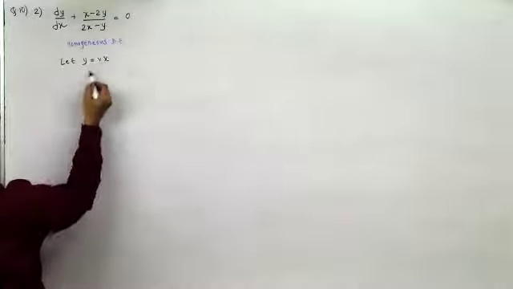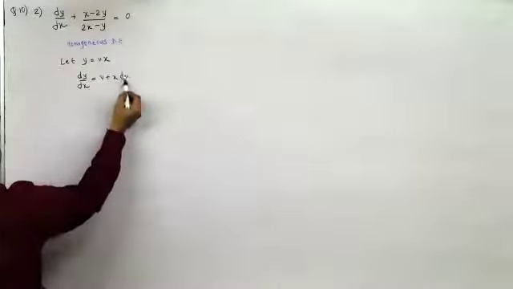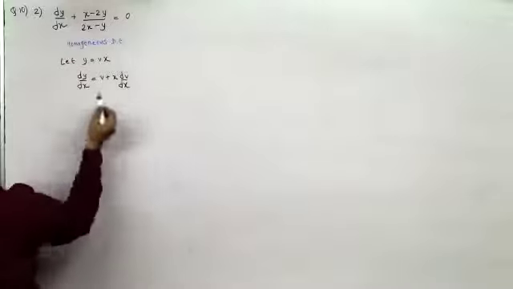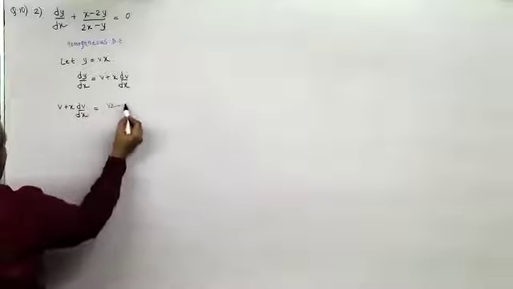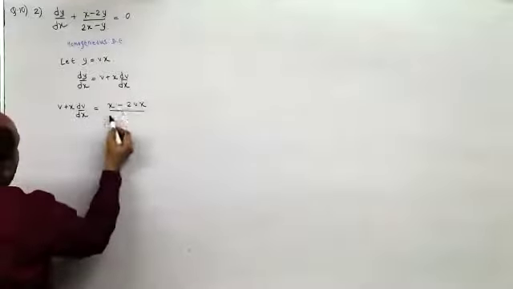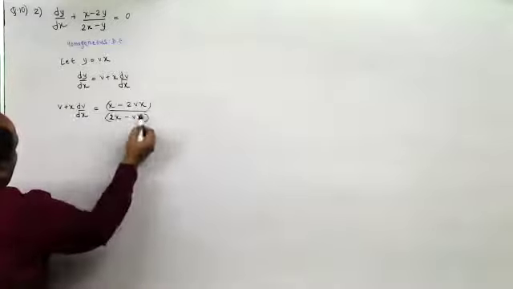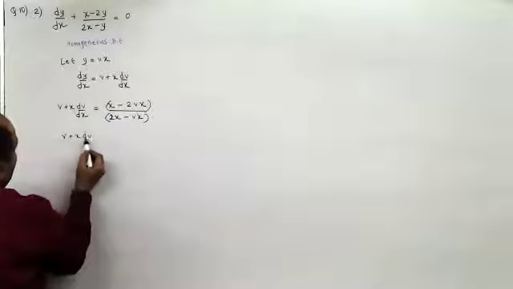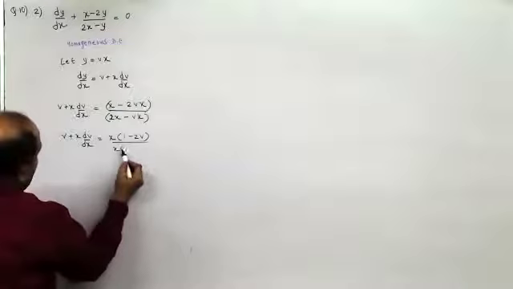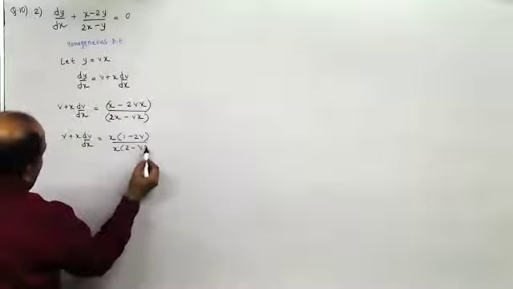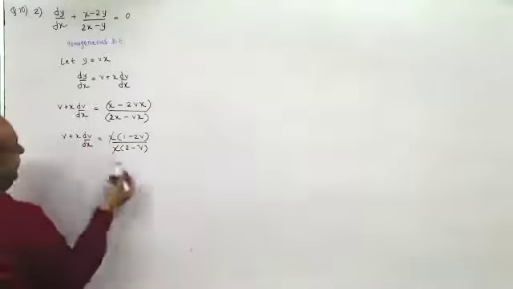When you differentiate, you get dy by dx equal to v plus x dv by dx. Now, instead of dy by dx, I'll write v plus x dv by dx. I'll write here (x minus 2vx) upon (2x minus vx). This is v plus x dv by dx equal to x common (1 minus 2v) upon x common (2 minus v). X and x get cancelled. As I said, within 2 steps, some x term should get cancelled.